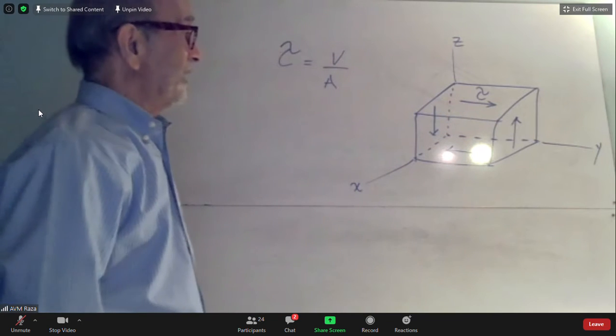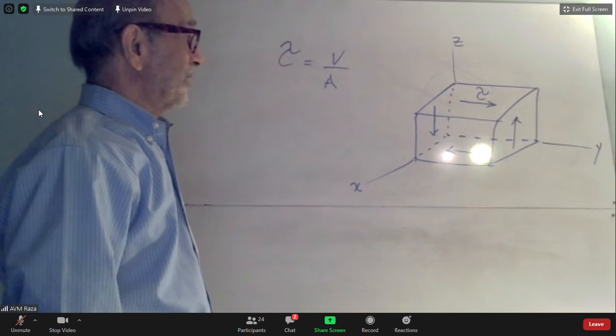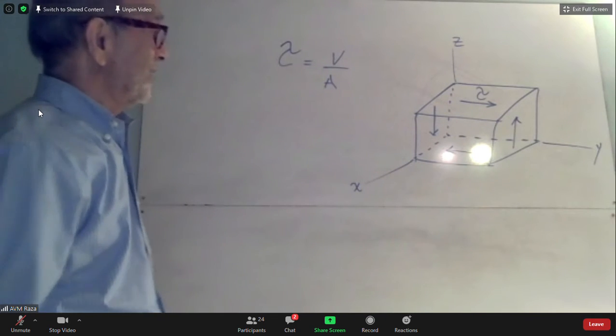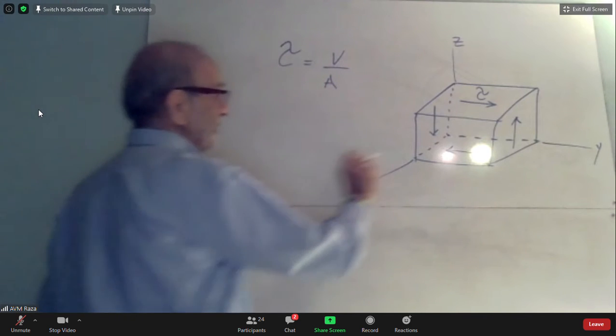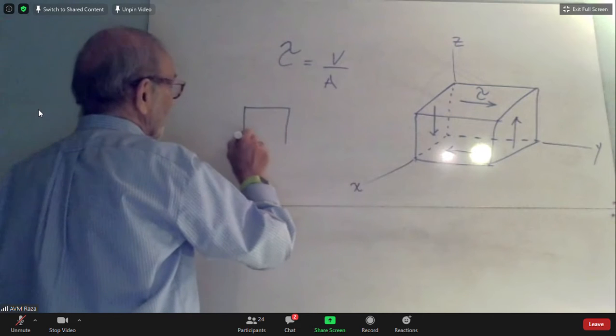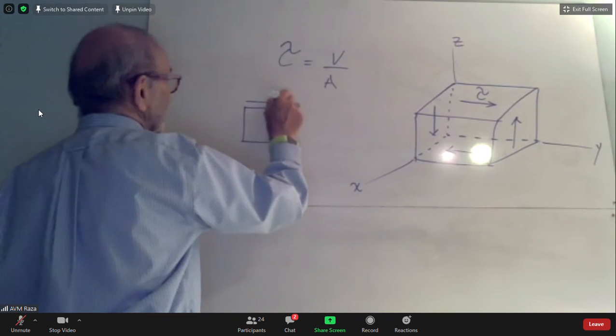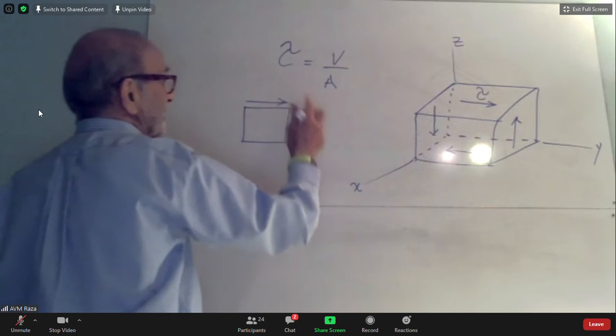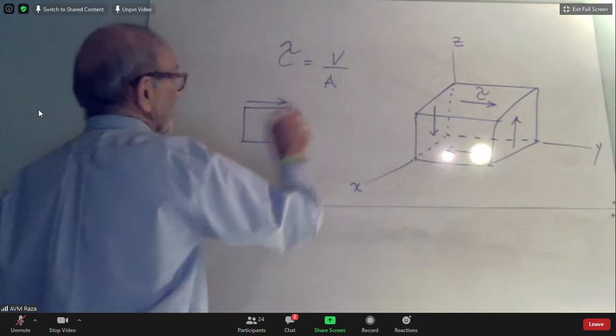So now this is a three-dimensional picture, so you're looking at it like this. But if you were to look at it from the x face side and draw a two-dimensional picture, it will appear something like this. This is the first one that I drew, the tau on top face, and to balance that, there was a tau there.